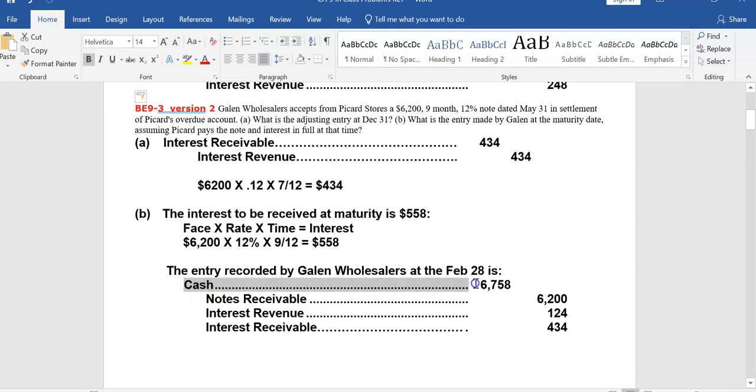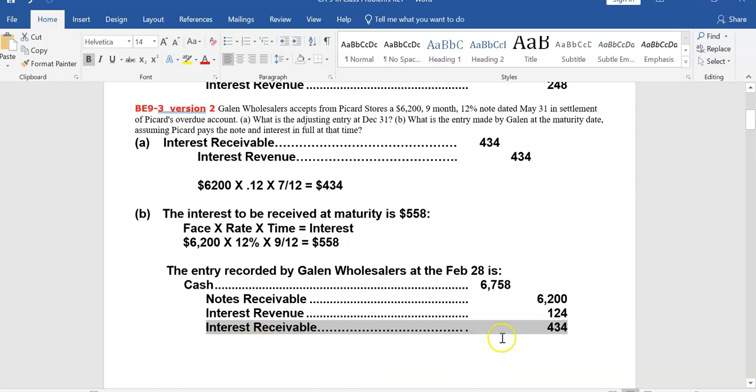We will debit cash for $6,758. That cash will be received because Picard is paying off their notes receivable. So we will credit notes receivable for $6,200. That cash is also paying off last year's interest receivable.